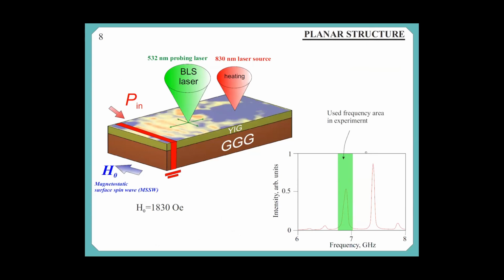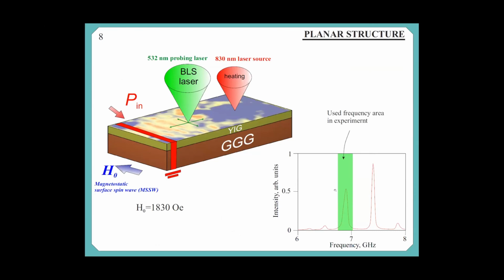In the next stage, we study the propagation of spin wave in the planar YIG film when the laser radiation is applied to the structure. Also, in the experiment by BLS method, the phase resolution of the spin waves was obtained.